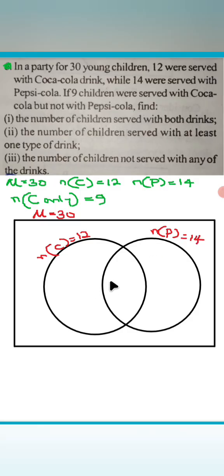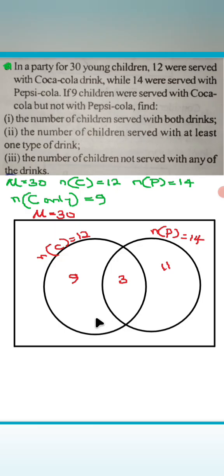I don't have what is in the middle, but I'm sure I have the number of C only, which is 9 right here. If I have 9 right here, I can subtract this 9 from 12, and that will give me 3. So 3 will be in the middle here. And if I subtract this 3 from this 14, I'm going to have 11. So 11 will be right here.